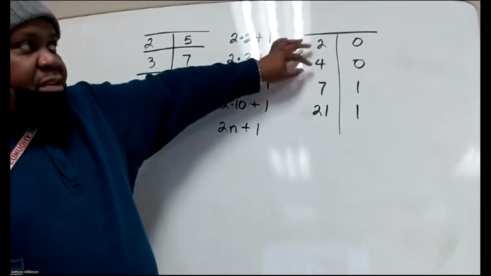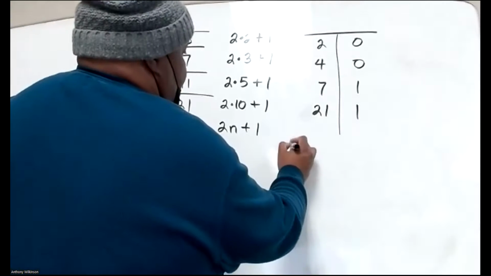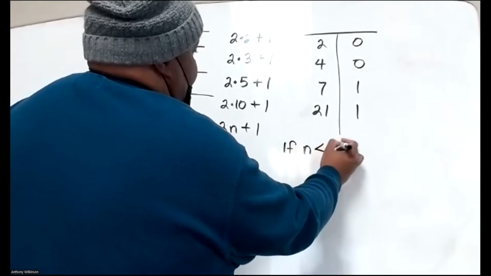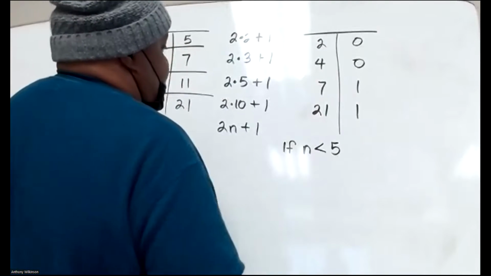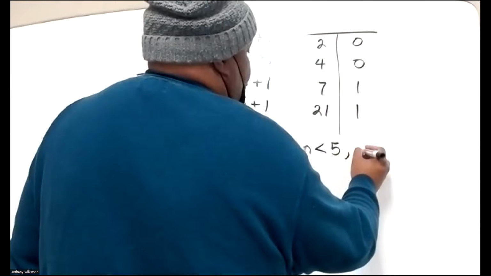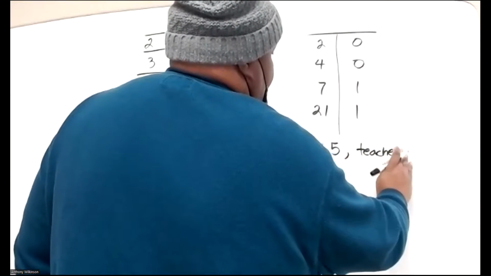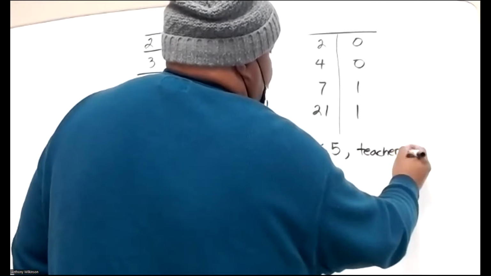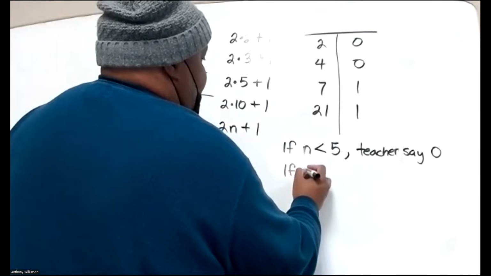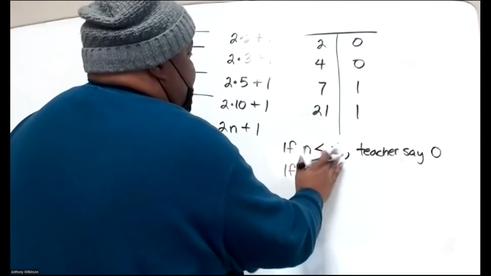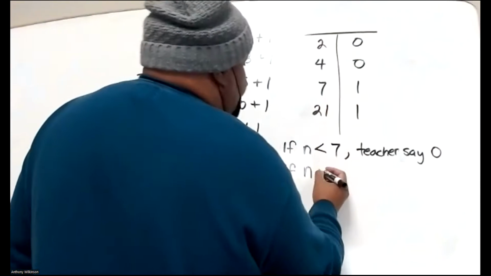If the number that the student gave was less than 5, let's just say, then the teacher would give an answer of 0. However, let's say, I'm going to say this, less than 7. Because at 7, the teacher gave the answer of 1.